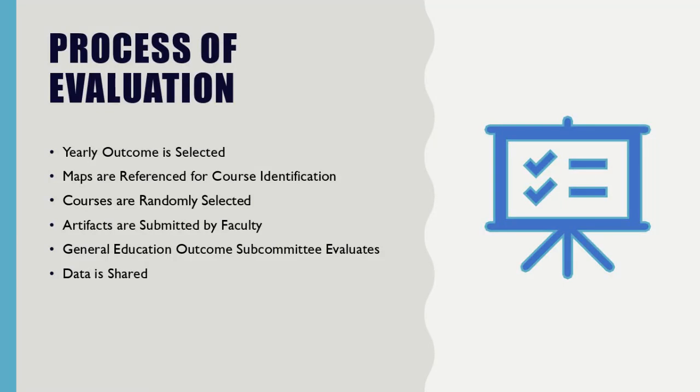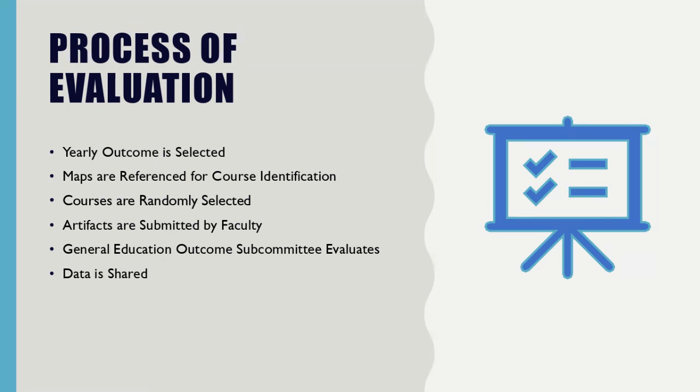How we go about evaluating is we use what's called the AAC and U value rubrics, which give us guidance as to how to score these different areas of general education outcomes. We meet, and we have conversations about the rubric that we use.